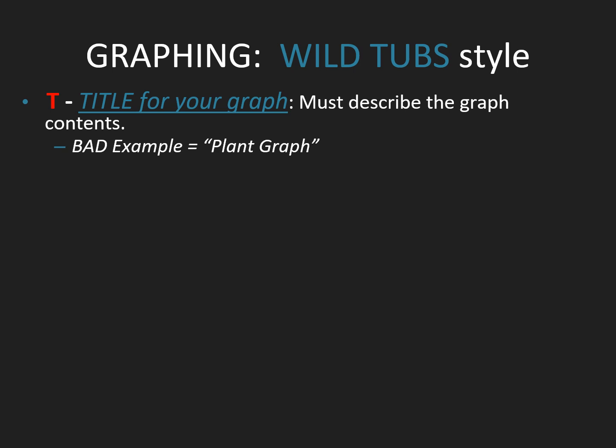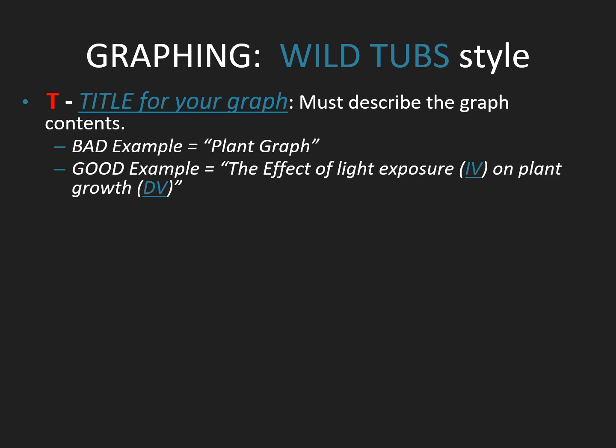What you don't want to do is something like this where you're just saying plant graph. It's a graph about plants. No, we want to be actually descriptive and put in what we're actually measuring. Because if you think about it, plant graph could be absolutely anything, but we are looking specifically at the effect of light exposure on plant growth.